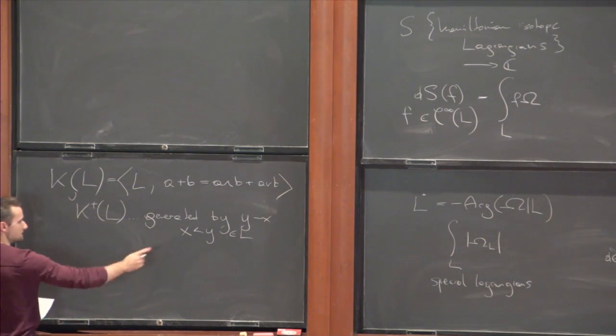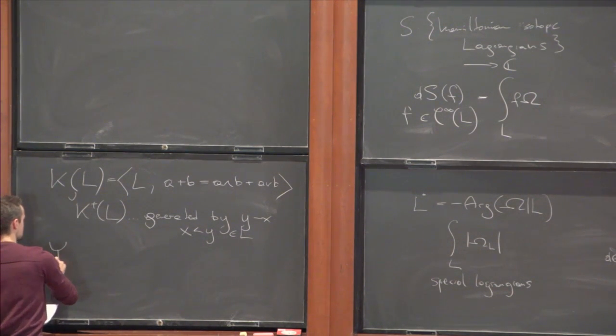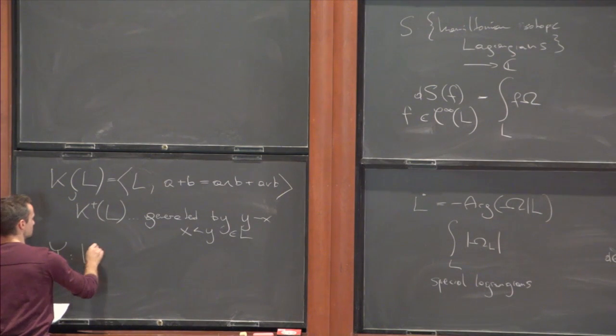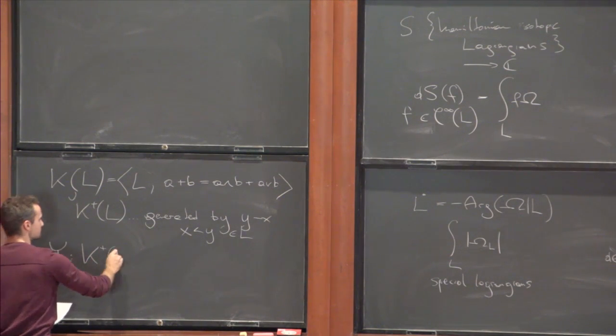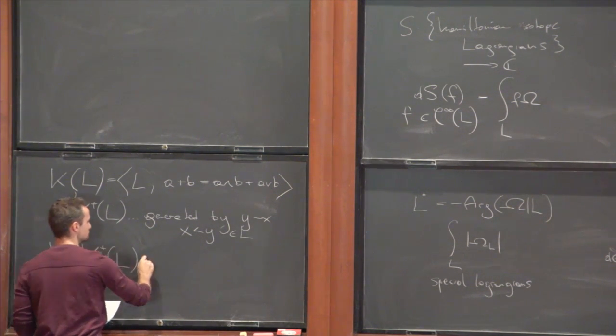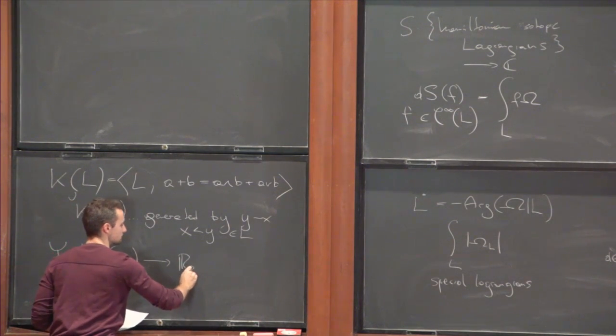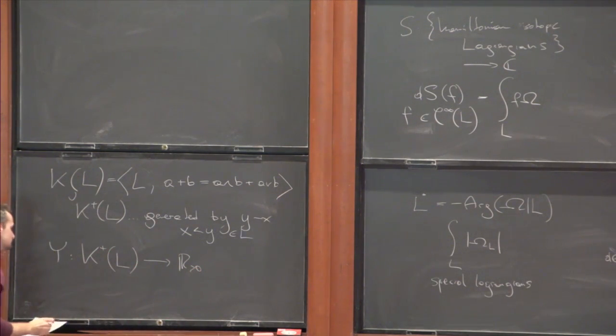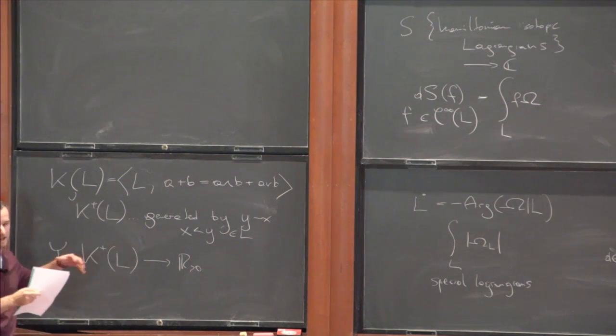The second piece is a homomorphism from this positive semigroup to positive real numbers, roughly like masses of objects.